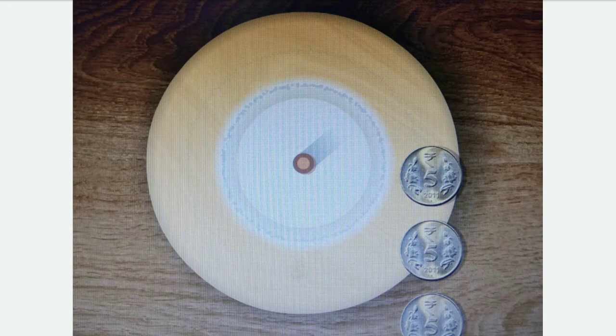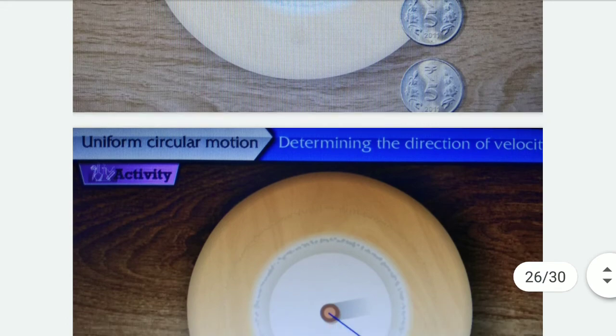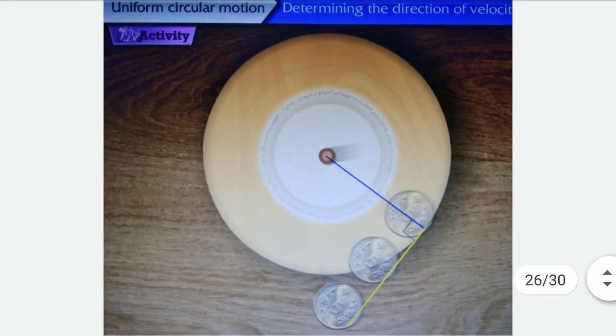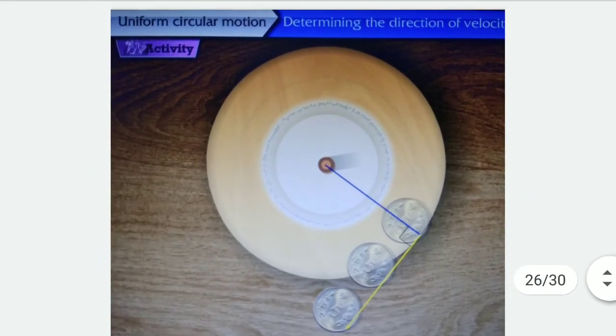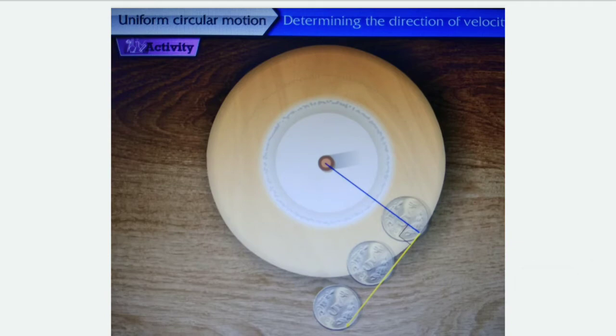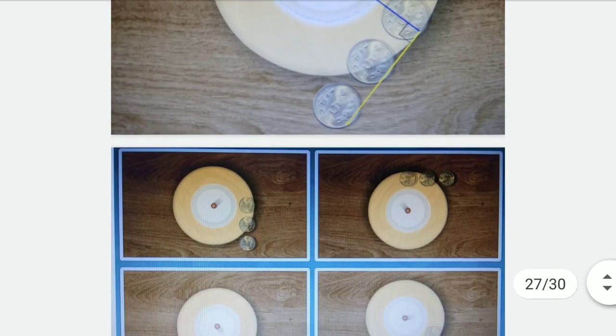The coin will be thrown off in the direction of the tangent, which is perpendicular to the radius of the disc.